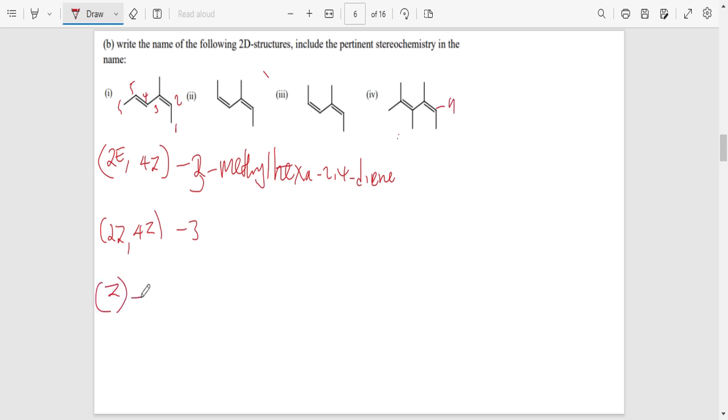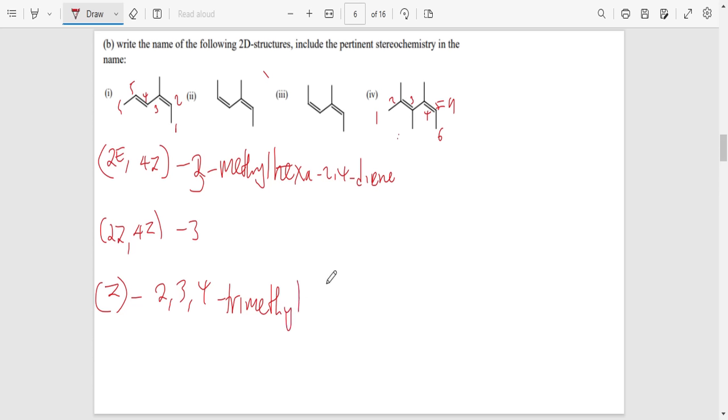I'll just say Z. Position, let's put the groups first. If this is 1, this is 2, 3, 4, 5, 6. Position number 2, number 3, and number 4, we have got methyl. So 2,3,4-trimethyl.